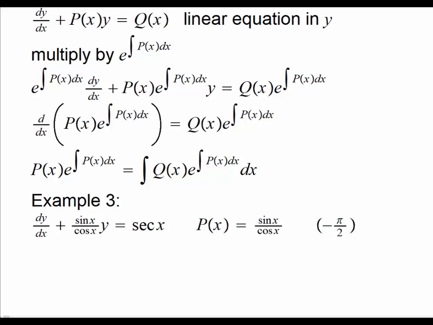Also, if you recall, the antiderivative of tangent x, which here is p(x), or e to the integral p(x) dx, is e to the power integral tangent x dx, and that happens to be e to the power natural log of secant x.